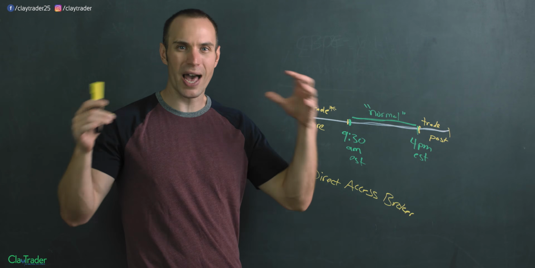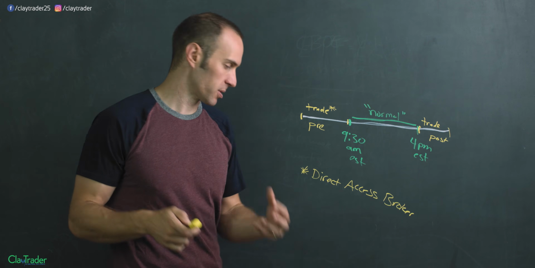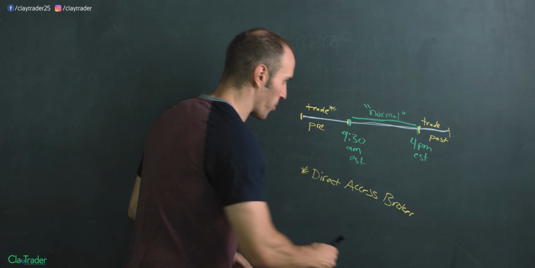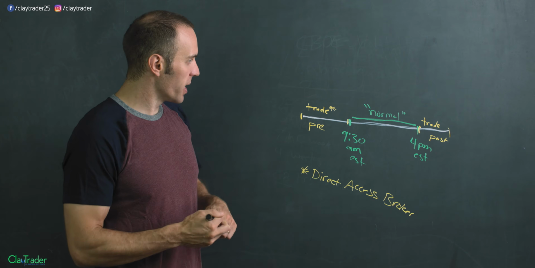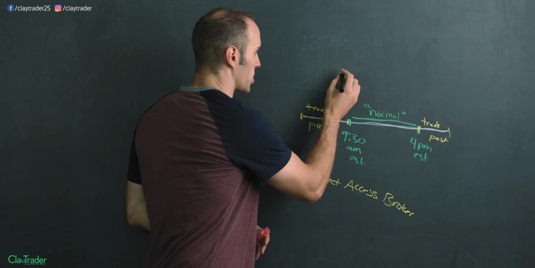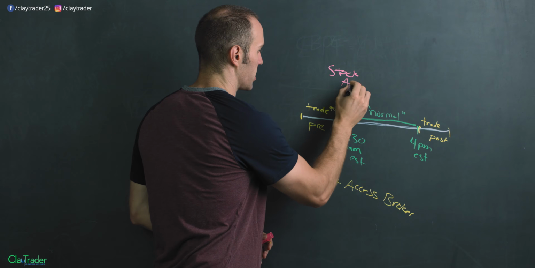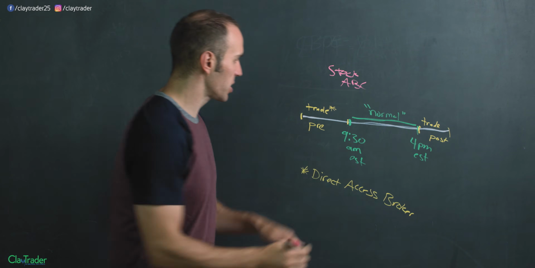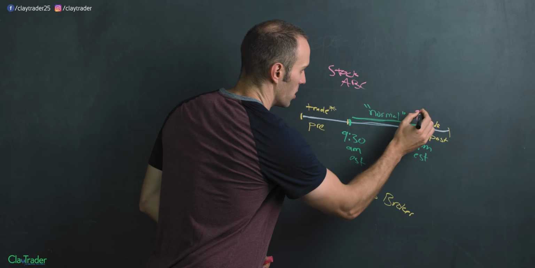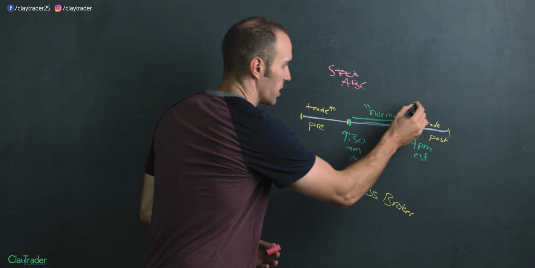So how does this all actually pertain to gap ups? Well, the way a gap works is, right here, and I'm just going to make this up, let's talk about a stock. I'm going to get real creative here: ABC. So ABC at that point, let's just say the closing price is $10.